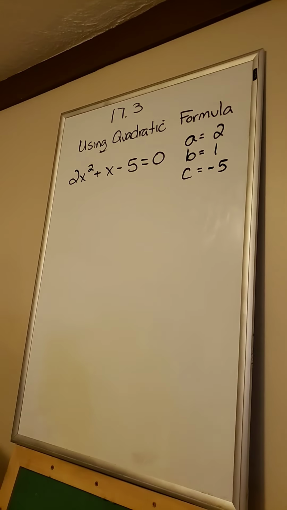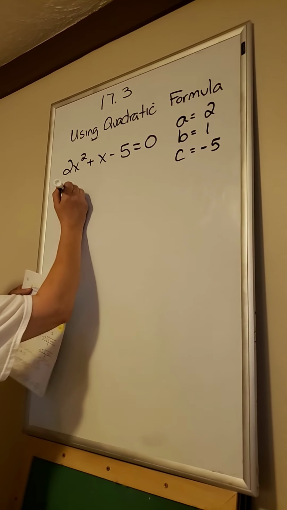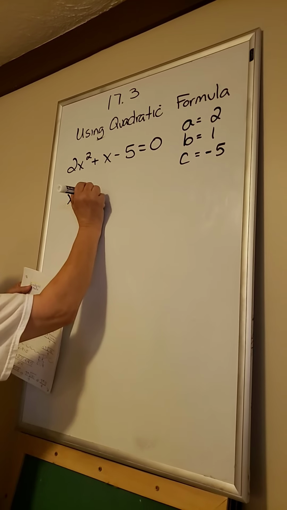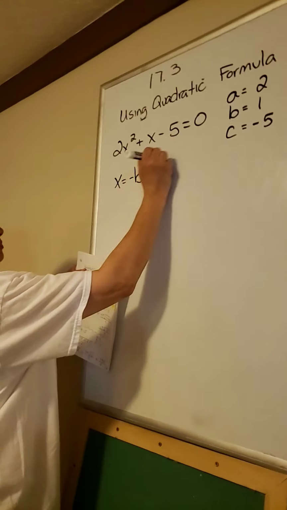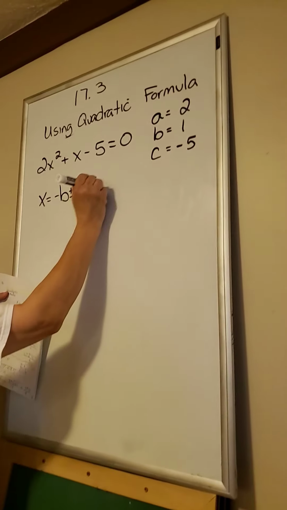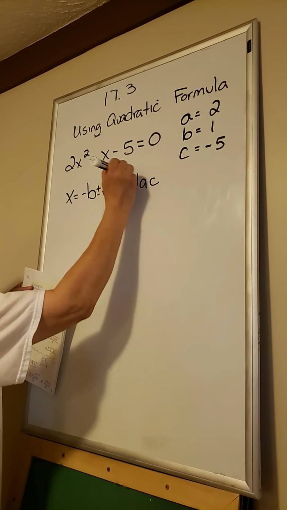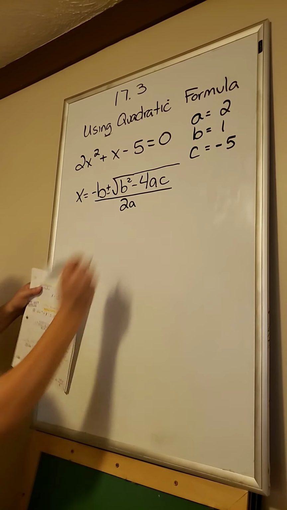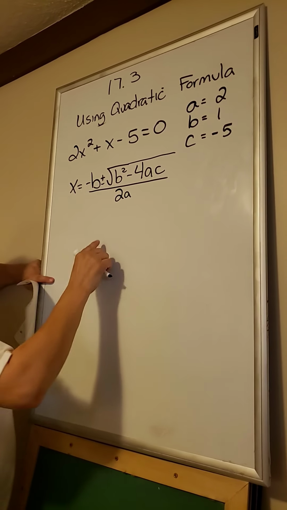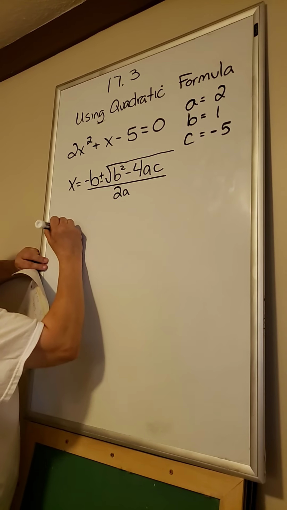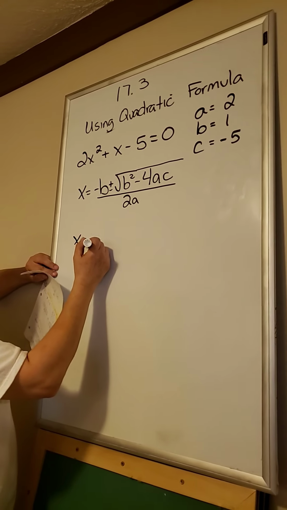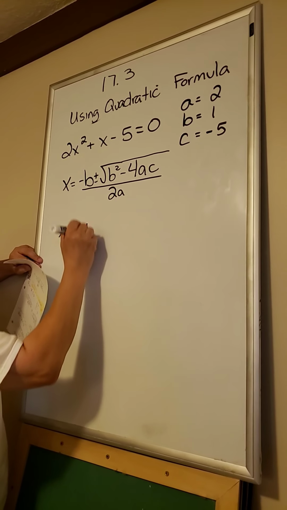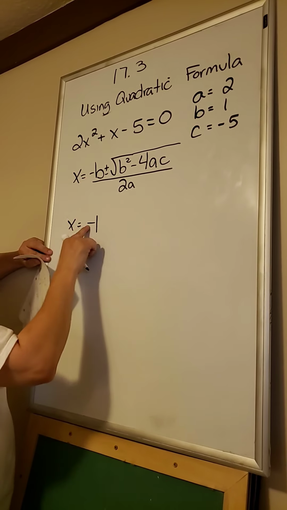So now that I have that identified, you could write this a few times on the first couple of problems, and that'll help you get it in your head too. Okay. So now all I have to do is plug my numbers in. So I have my x, okay? And this is negative b, so I'm going to have negative 1, because this negative comes from there.